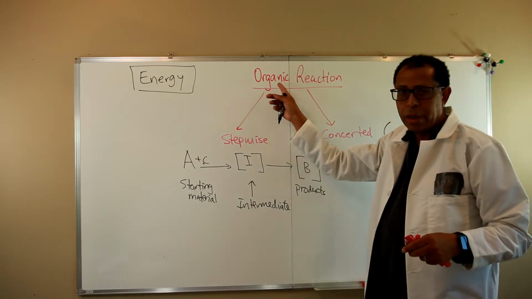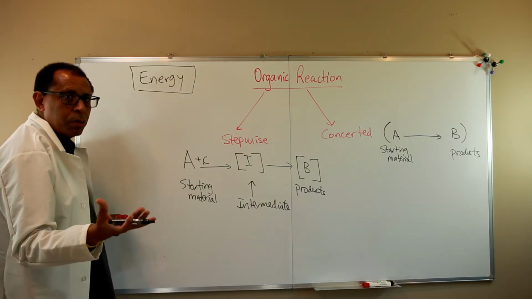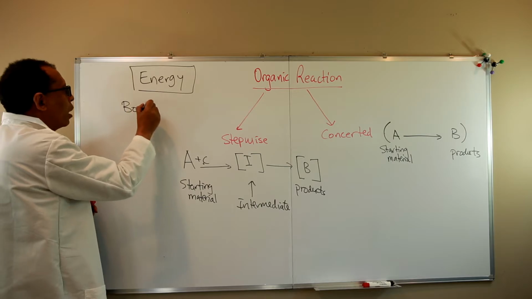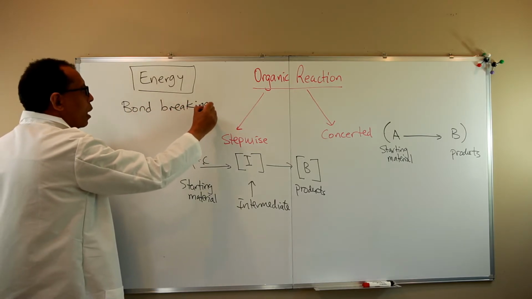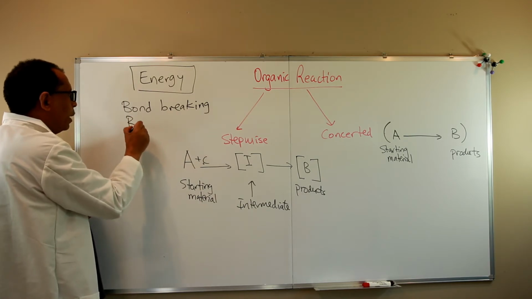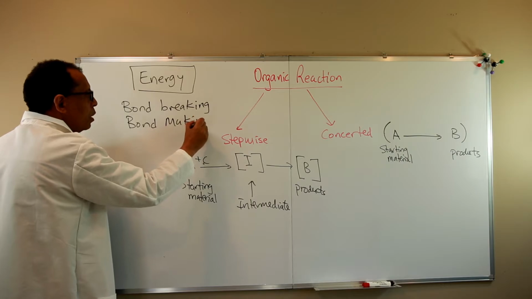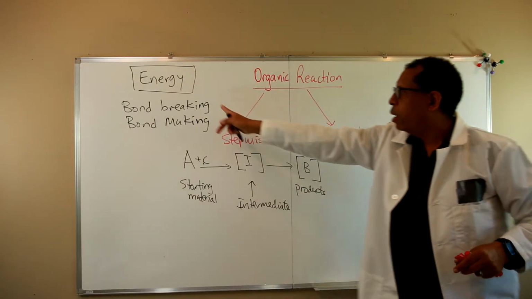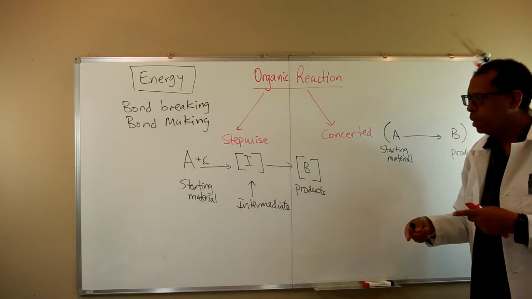During organic reactions or any kind of reactions, two things that could happen are bond breaking, and new bonds are made, bond making. So in a concerted reaction, the bond breaking and bond making happen simultaneously.